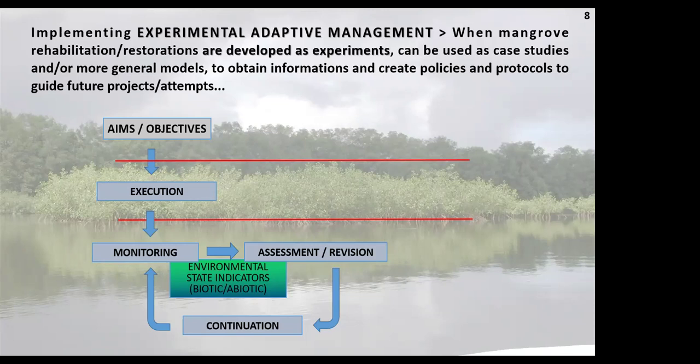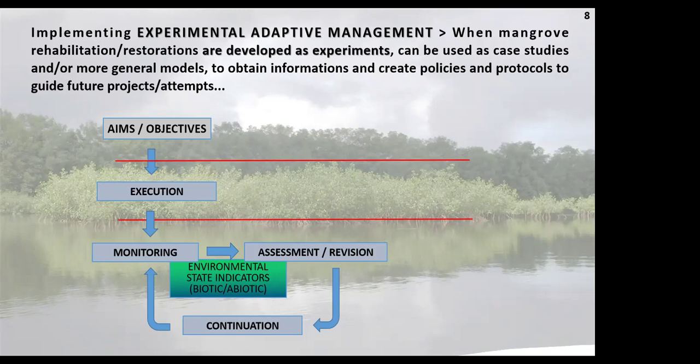So you execute the project and you need to monitor the actions and the outcomes of the project. You need to revise, to assess how the project is progressing. You have environmental state indicators, biotic and abiotic, that inform you about how the restoration is progressing. With this information about the outcomes of the project, you can think about the continuation of the actions in time.